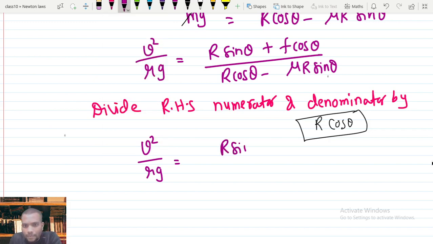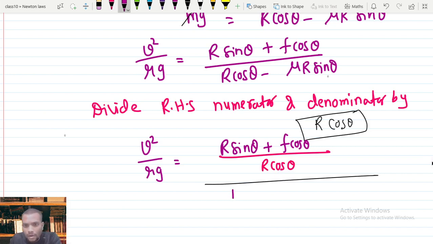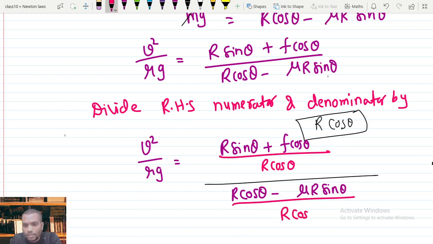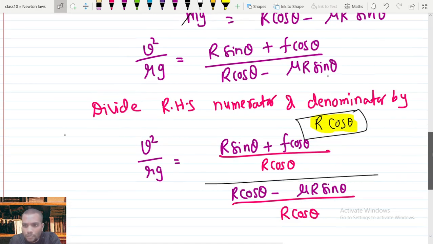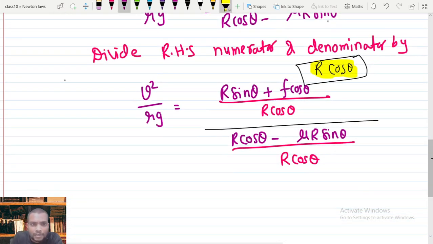R sin theta plus F cos theta upon R cos theta, and upon R cos theta minus mu R sin theta upon capital R cos theta. So we made a change. With this R cos theta, we are dividing the numerator and denominator of the RHS.